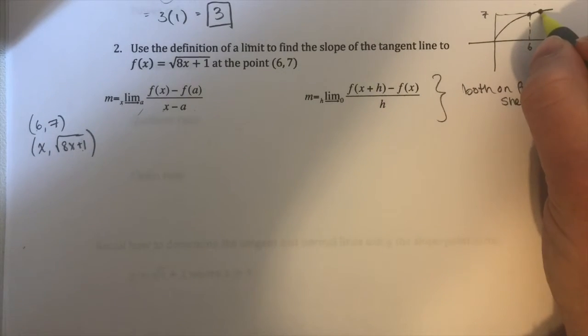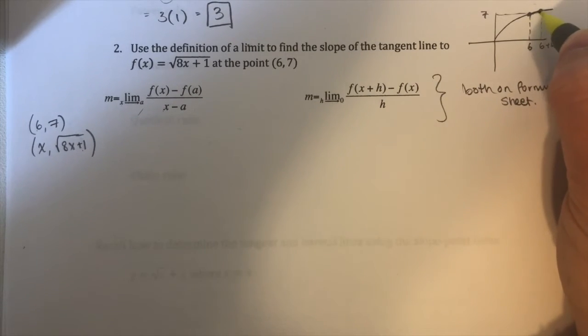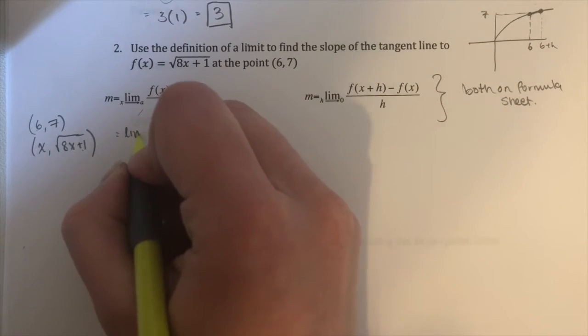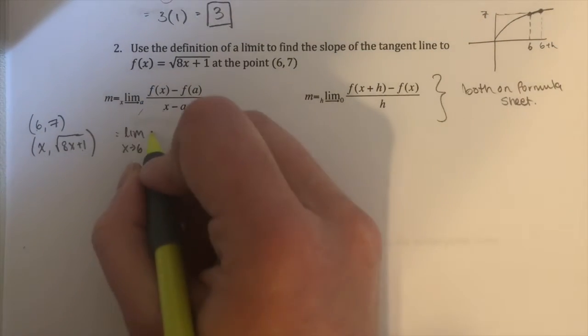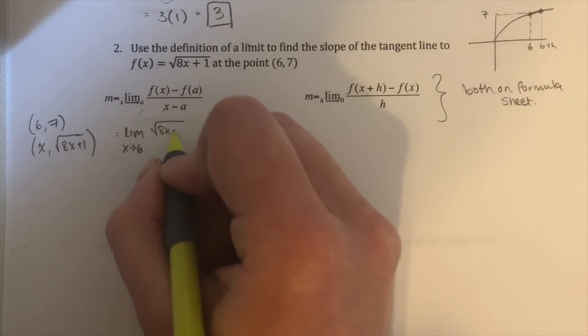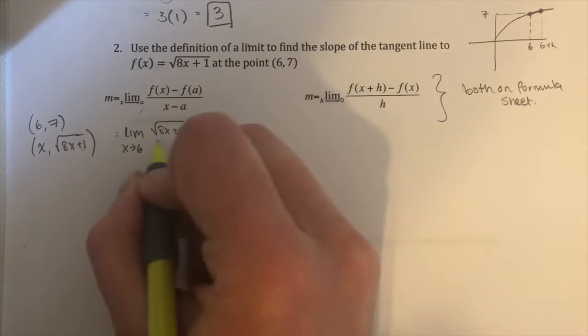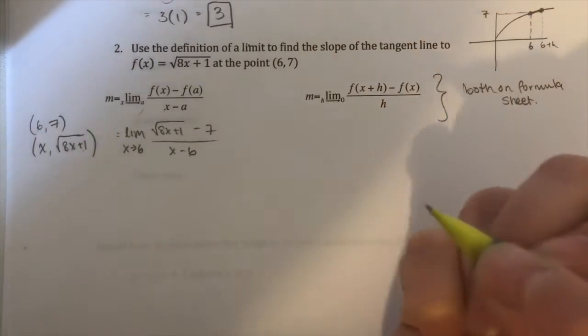Here's the x and then root 8x plus 1, and we want to see what happens as we bring that x value as close as we can to 6. So it equals the limit as x approaches 6. This is going to be y2, so root 8x plus 1, minus y1, so 7, over x2 minus x1.